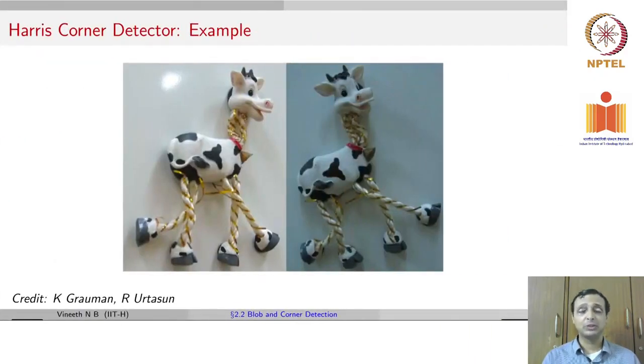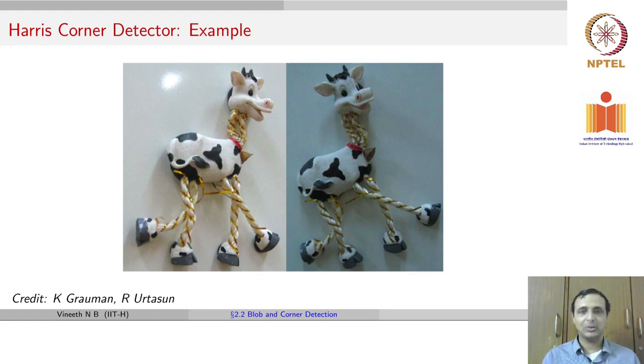So here is a visual illustration of the Harris corner detector. Let's consider two images of the same object taken from different angles. The objects are at different poses and the illumination is also different. Let's try to run the Harris corner detector. Ideally, what we want is that in both these images, the same parts or the same corners in the doll get picked.